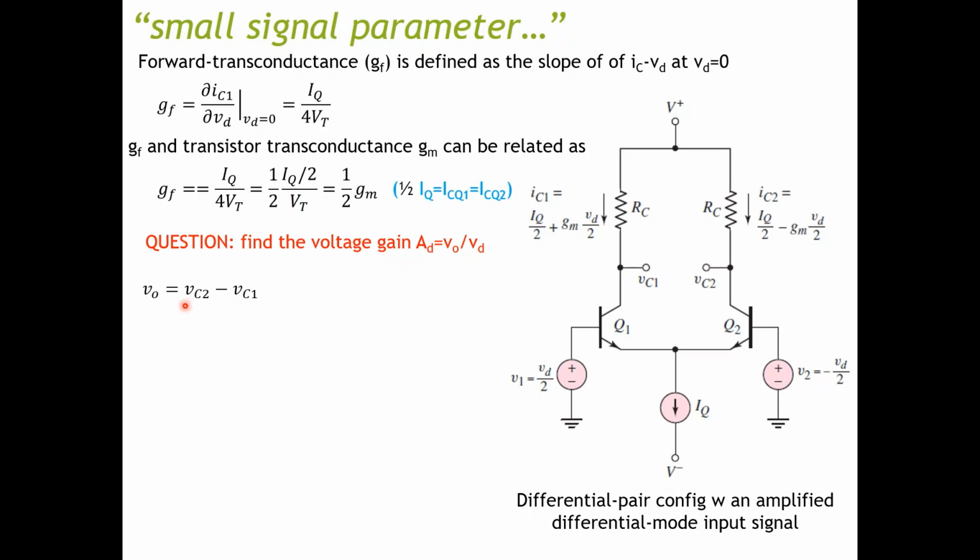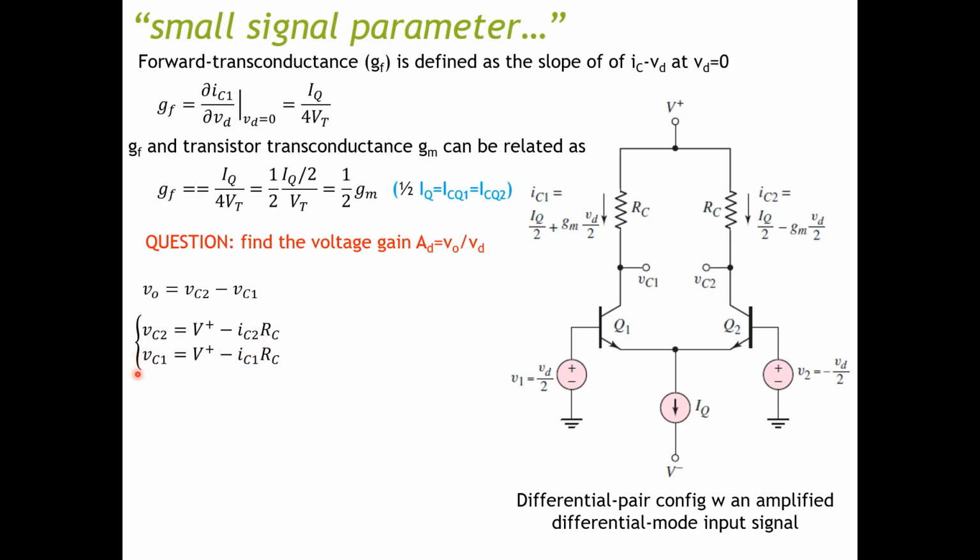So if we define our output as VC2 minus VC1, okay, and we can calculate VC2, for example, by just this is our voltage loop, so VC2 would be equal to V plus minus the voltage across this resistor, which is IC2 multiplied by RC.